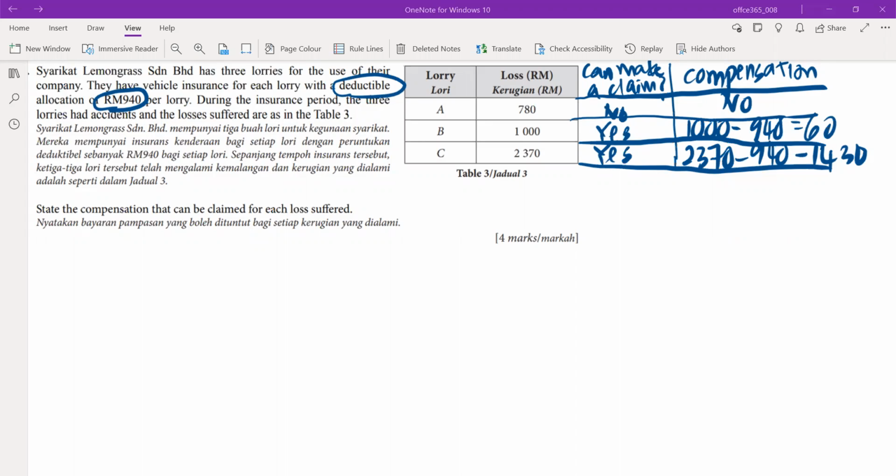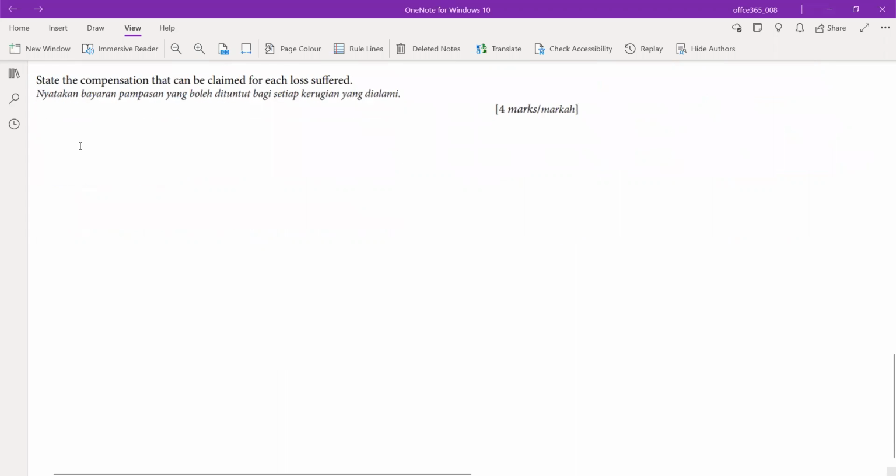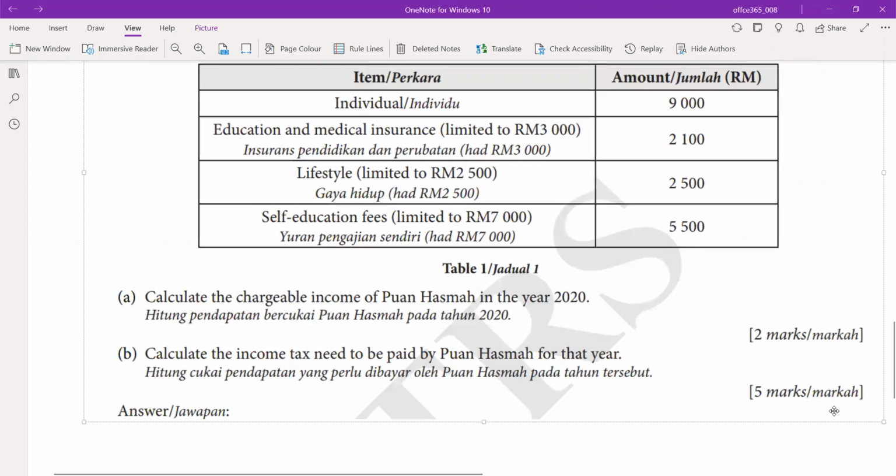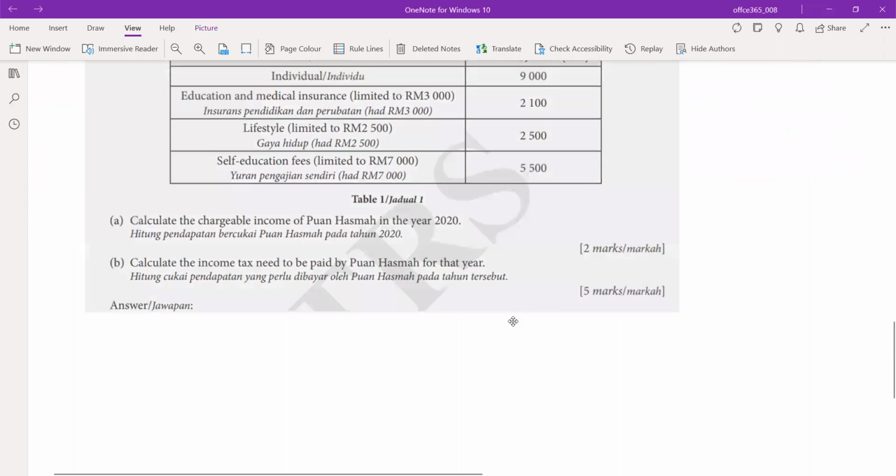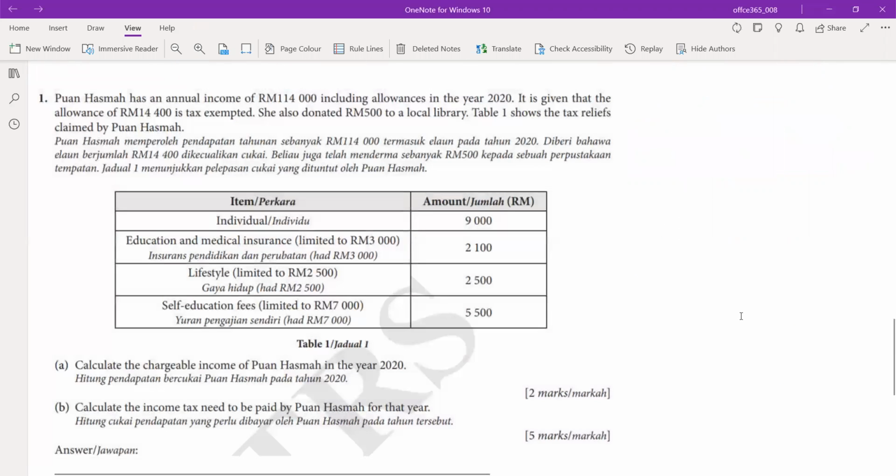Okay, next question. For those who have forgotten, please do a quick revision on that, especially since we talk about taxation now. Okay, we look at taxation. Another question. Okay, the next question is about taxation.